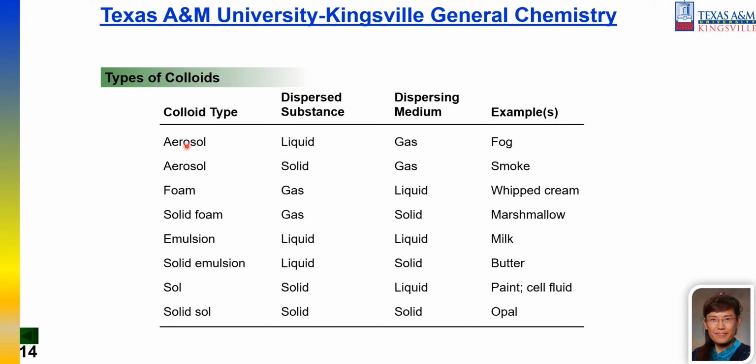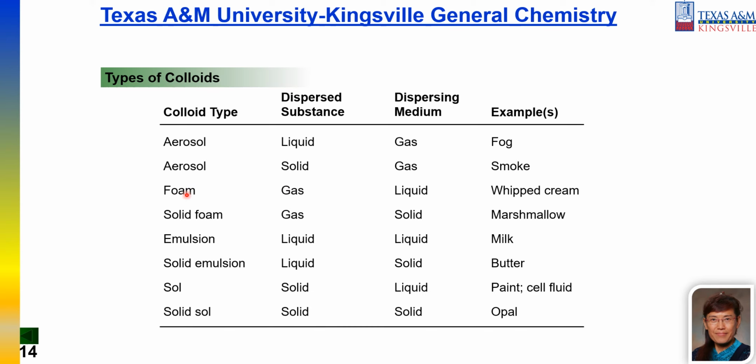The colloid, you have aerosol, 2 types of aerosols. One is your liquid dispersed in your gas, such as the fog. Second one is your solid dispersed in the gas, which is your smoke.